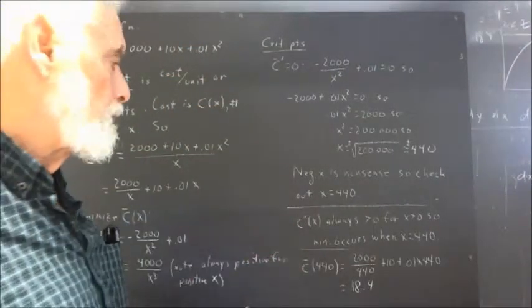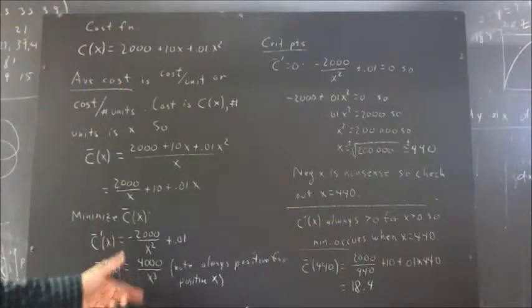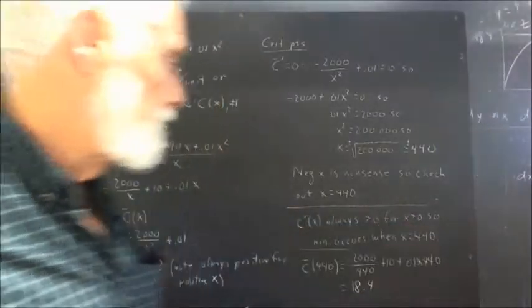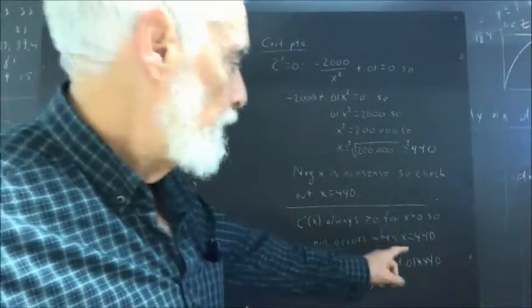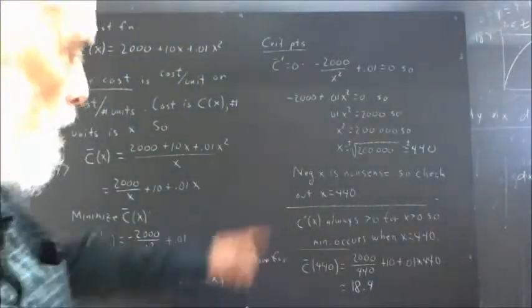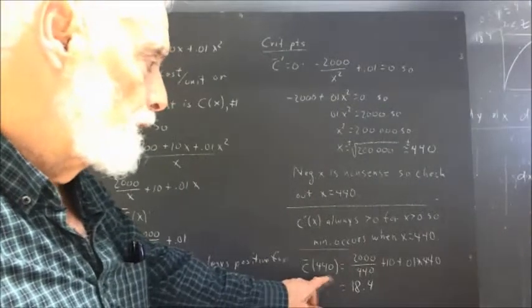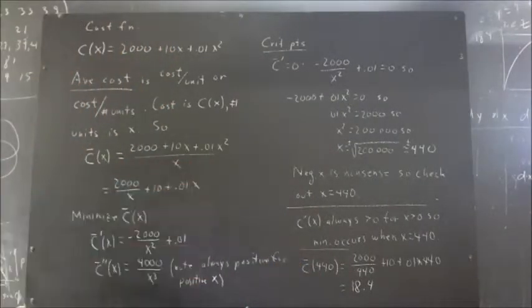Well, now we've already observed that C double prime of x is always positive. 4,000 over x cubed is always positive when x is greater than 0, and 440 is greater than 0. That tells us that we have a minimum when x equals 440. And the average cost when x equals 440 is found by evaluating the average cost function.